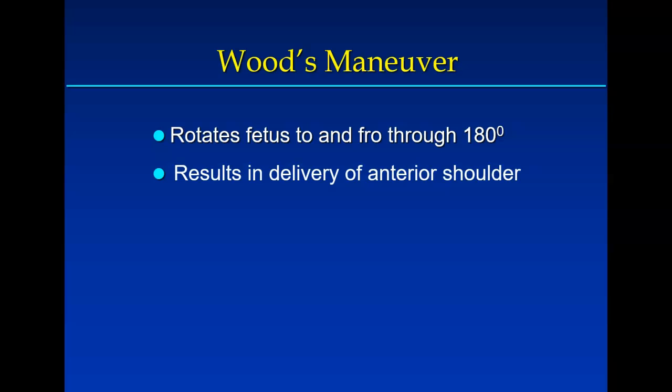The Woods maneuver is basically rotating the fetus to and fro through 180 degrees. By doing this in a sort of screw type situation, this results in delivery of the anterior shoulder. And here you see the hands positioned as shown.